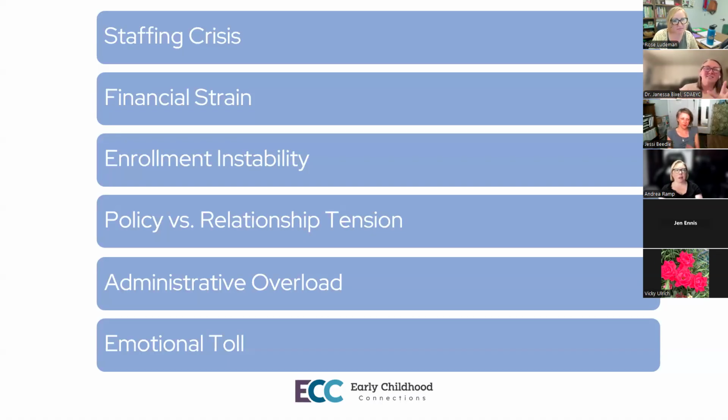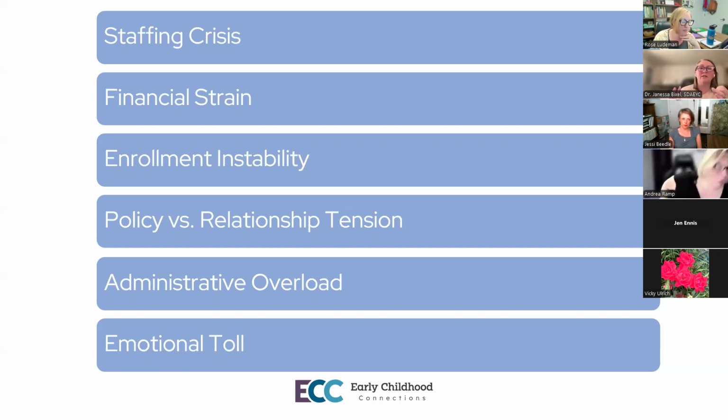So we've got a list that we've compiled here, and we're going to be talking about these in more detail as we go through each one. But these are the things we're seeing the most. We talked already a little bit about the staffing crisis, the financial strain. So many programs have closed.